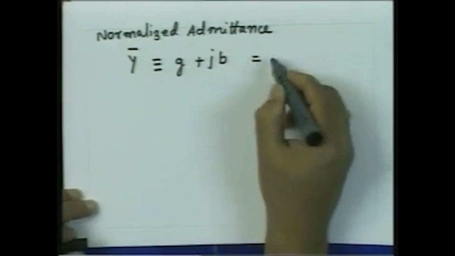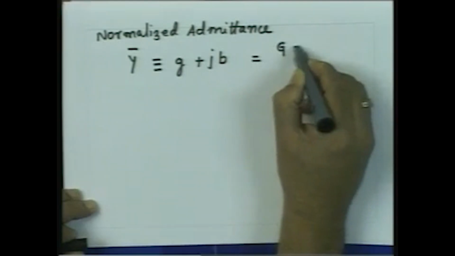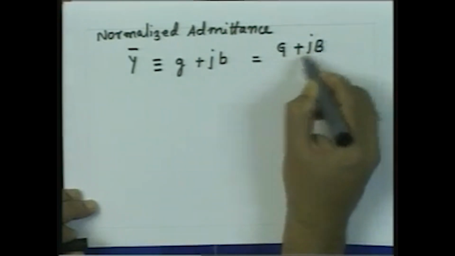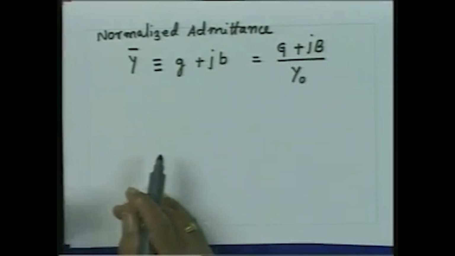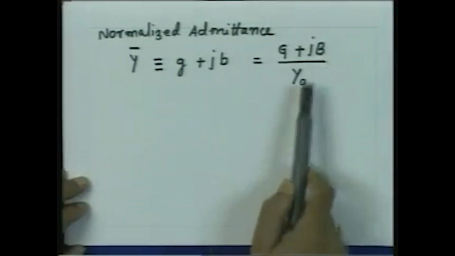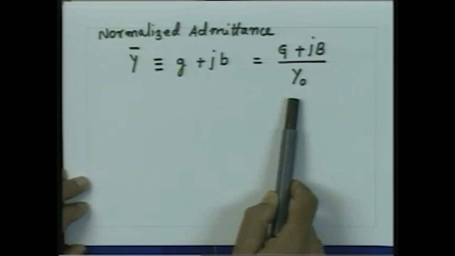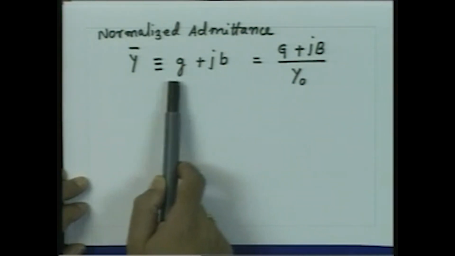This is the same as the actual conductance plus the actual susceptance divided by the characteristic admittance y naught. So, if I have an admittance on the line which is given by the conductance G plus susceptance B, and the characteristic admittance is y naught, I can calculate the normalized admittance on the transmission line, which is g plus jb.